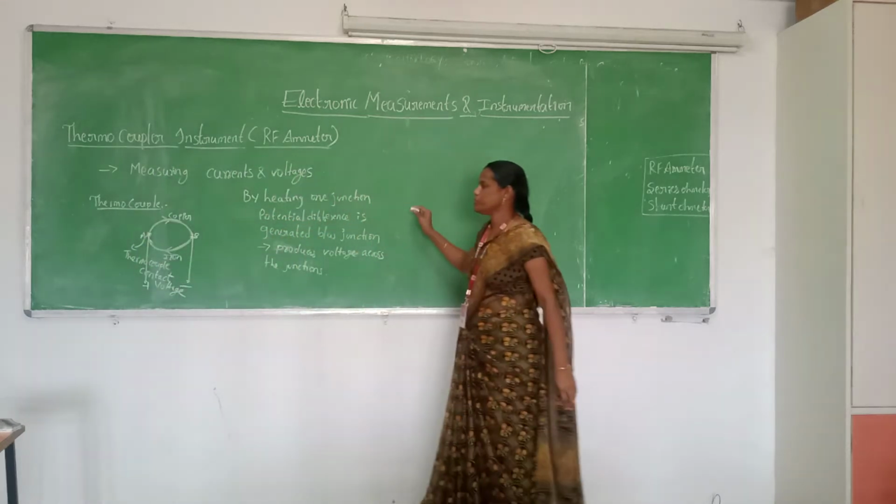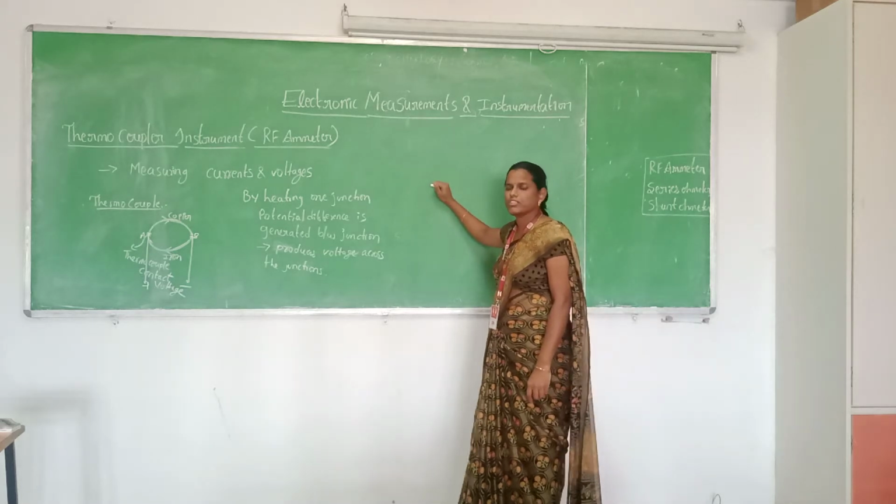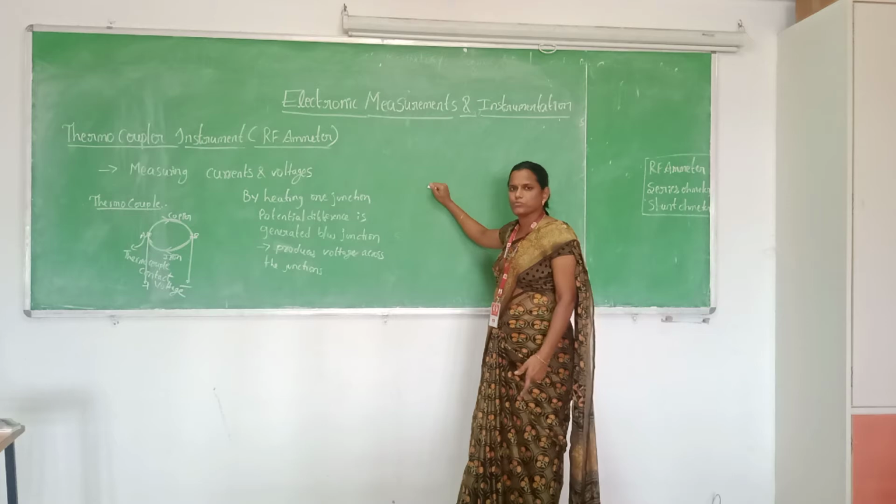So the principle of the thermocouple is, if we combine two dissimilar wires and make a contact between them, and if we heat one junction, then a voltage is produced at the junction.